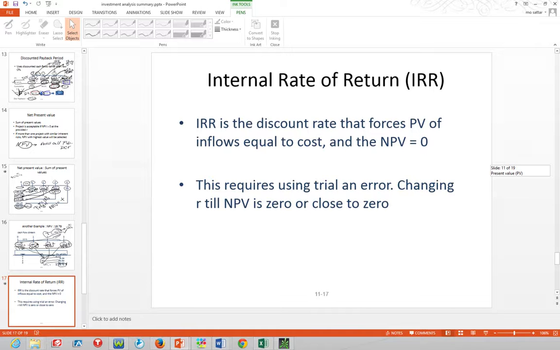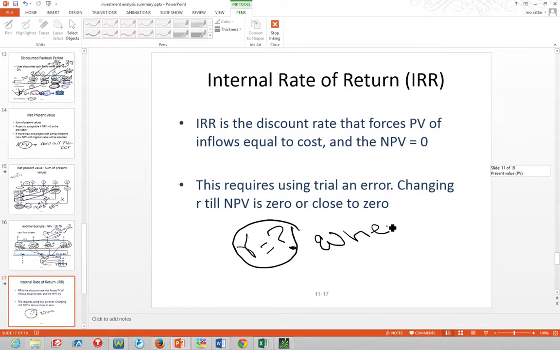IRR is basically saying, if I have a cash flow of a project, in this case the numbers we had, minus 100, 10, 60, and 80, and I want to calculate R, instead of us starting with an R, I want to find the R at which my net present value will be 0.